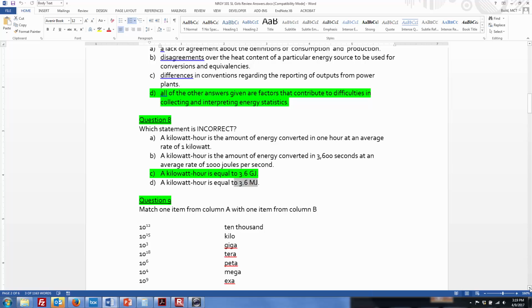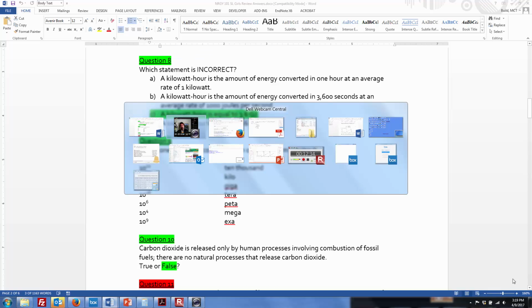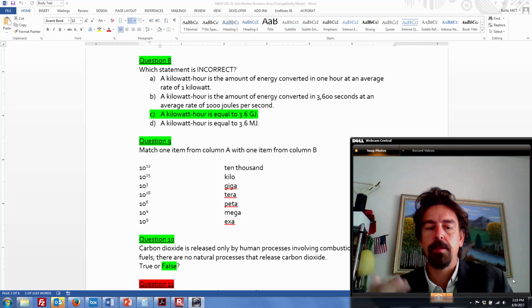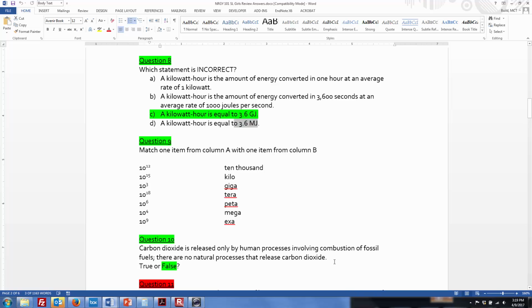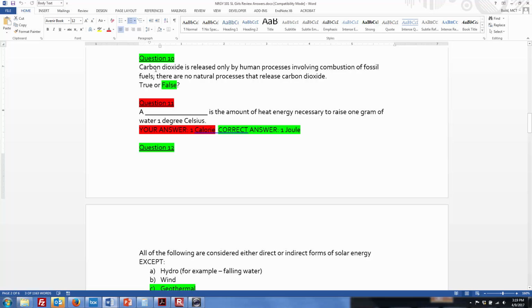Okay. Now let's go through these guys. I think question 9 you got everything correct. It's just straightforward numbers, memorization. Very good. Question 10. Let's go to question 10. Carbon dioxide is released only by human processes involving consumption.